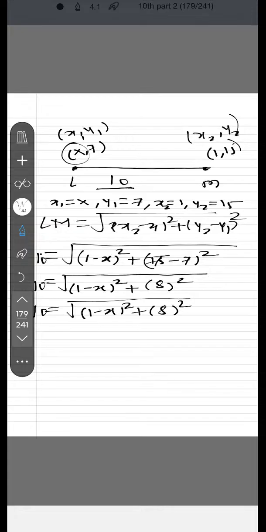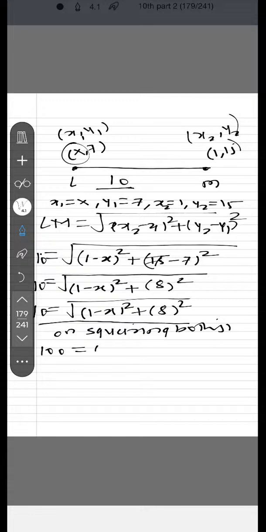If I have to simplify it, I have to do one important step: square it on both sides. On squaring both sides, 100 equals (1 minus x) square plus 64.